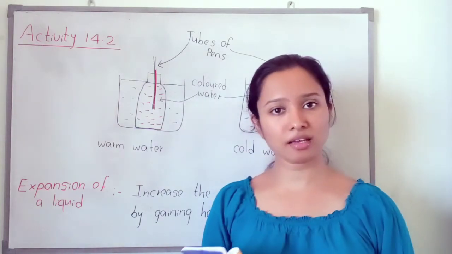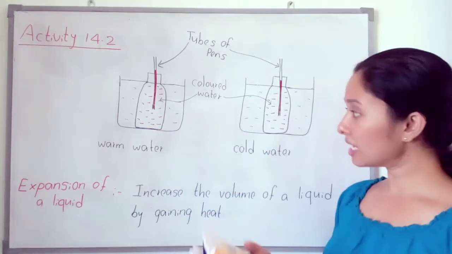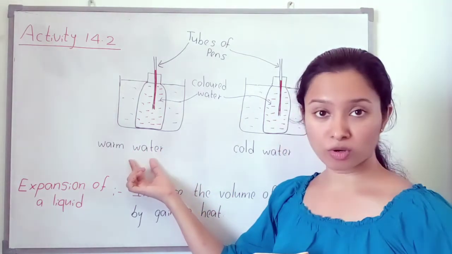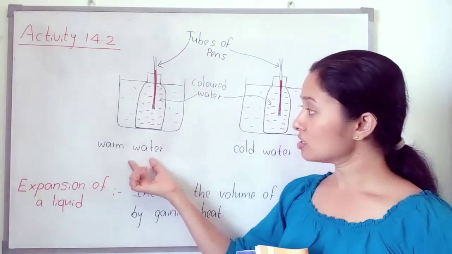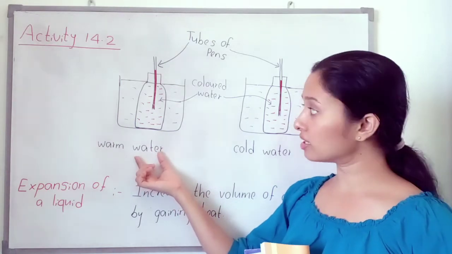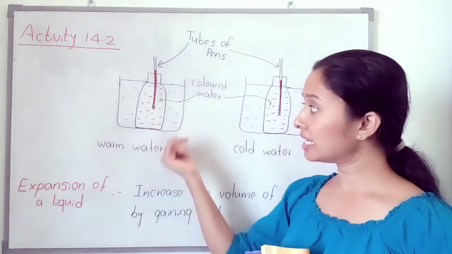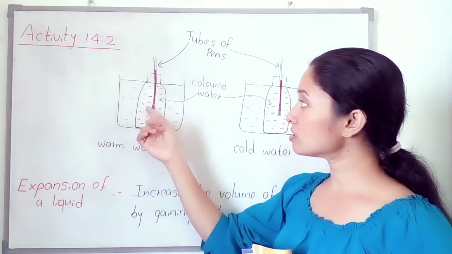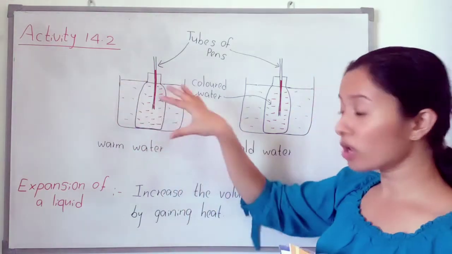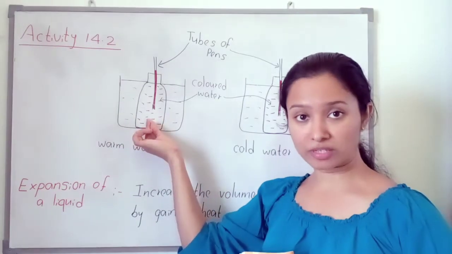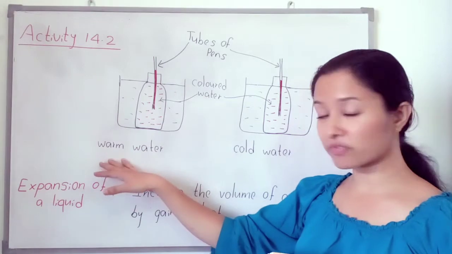So what is the meaning of these observations? We have used warm water, hot water. Because of this hot water, the colored water in the glass bottle will be heated. So because of the heat, the volume of the water will increase. The volume of the water increases because of the heat.